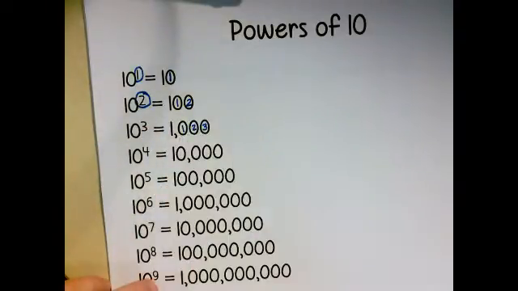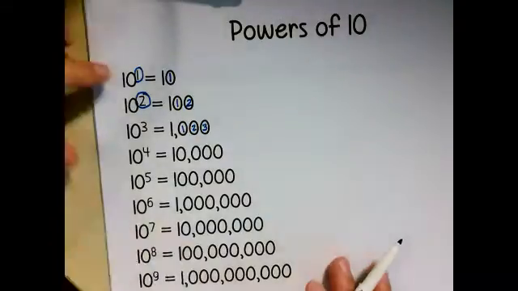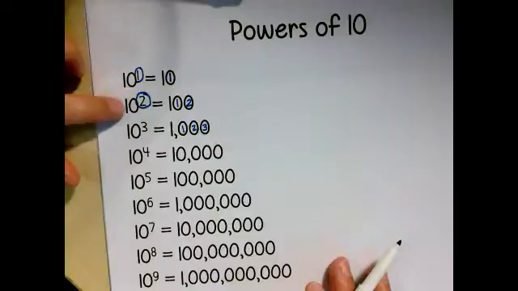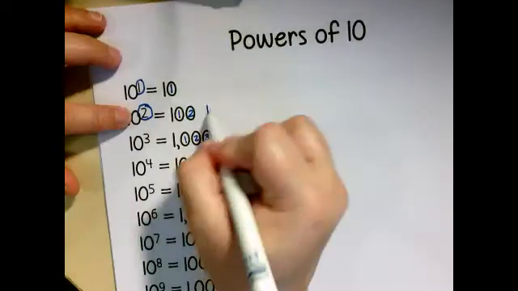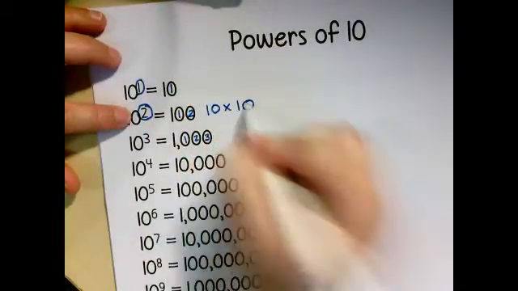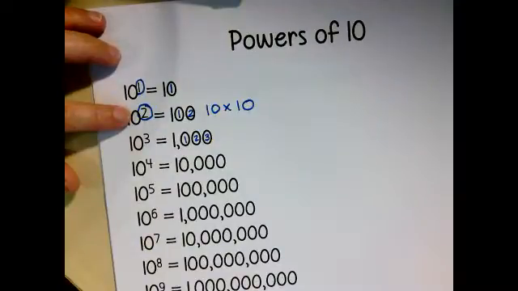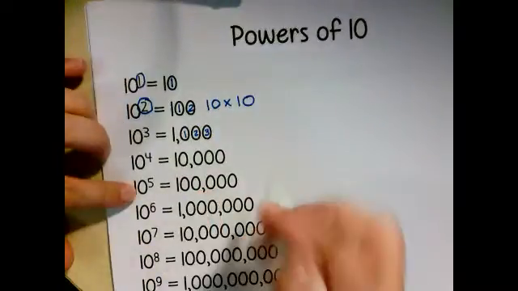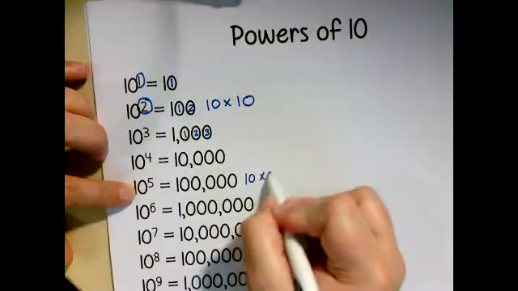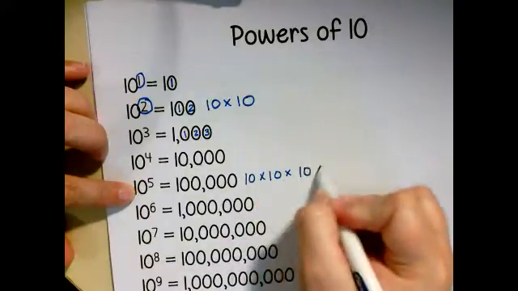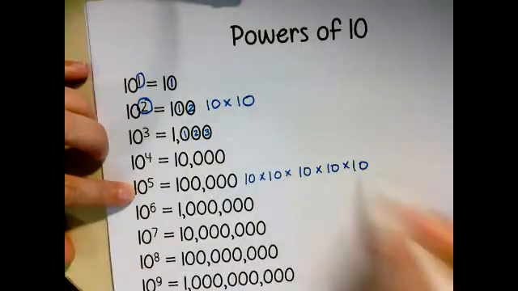And this pattern goes on forever to infinity. What this is actually telling us is 10 to the second really means it's 10 times 10. 10 to the fifth would mean 10 times 10 times 10 times 10 times 10.